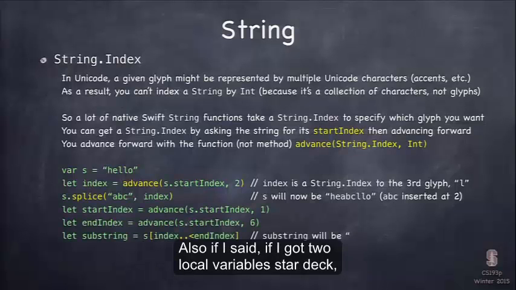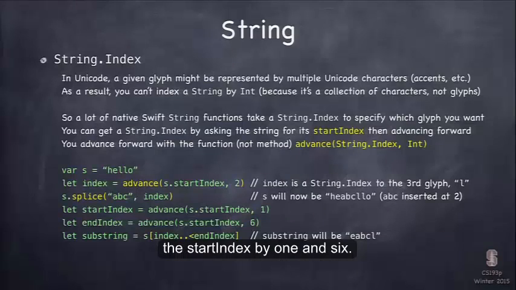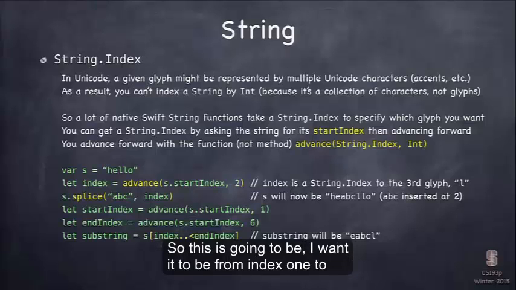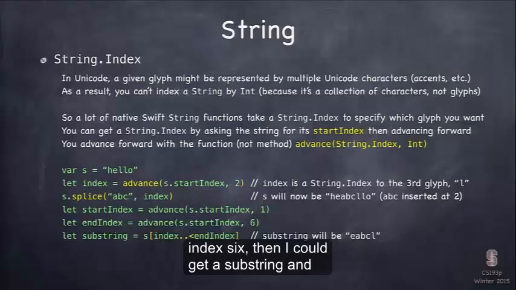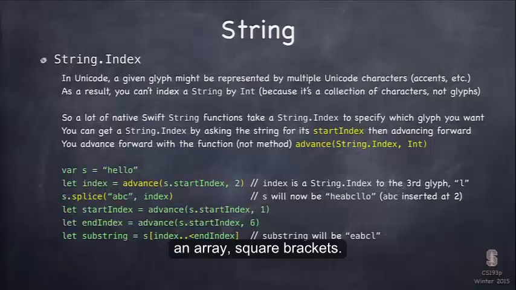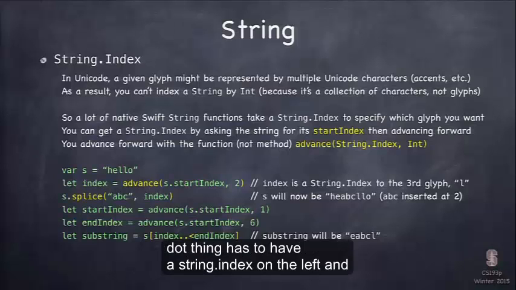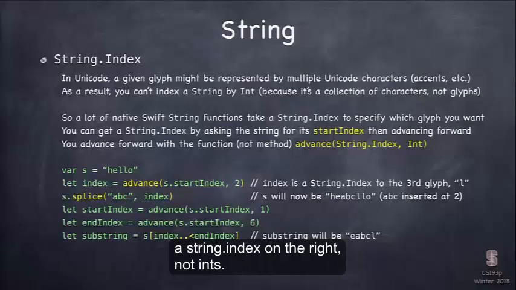Also, if I have 2 local variables, startIndex and endIndex, which I made by taking advance of the startIndex by 1 and 6, I want to go from index 1 to index 6, then I could get a substring. I get a substring in a string exactly the same as in an array, square brackets, but inside the square brackets goes a range, and the range has to have a String.Index on the left and a String.Index on the right, not Ints.